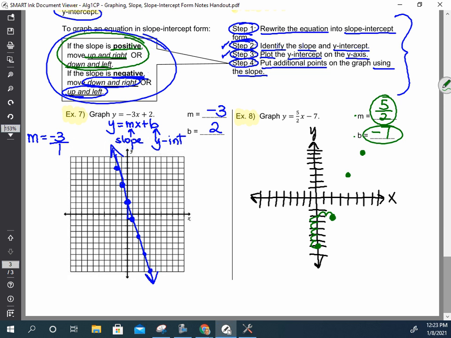That's where you put your next point. Then you do it again: 1, 2, 3, 4, 5, and to the right 1, 2. Put your next point. Again up 5, to the right 2. Put your next point. You keep going until you run out of space.